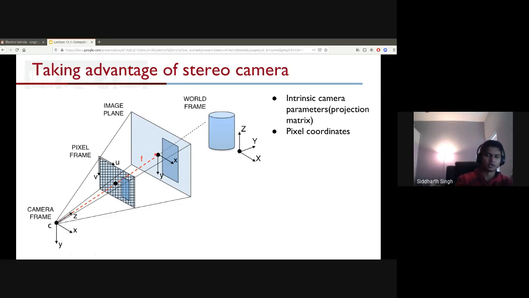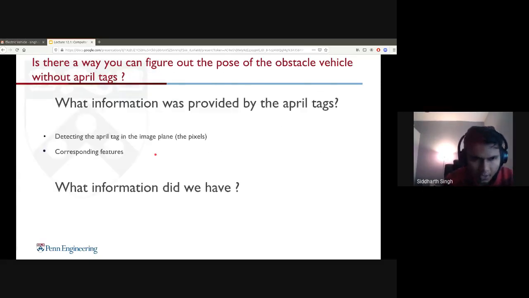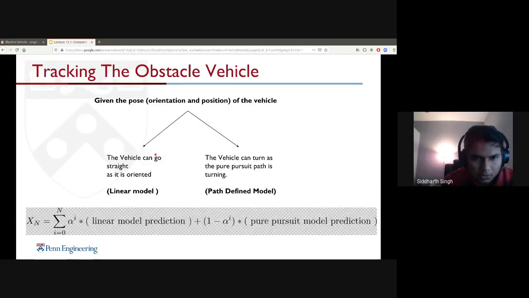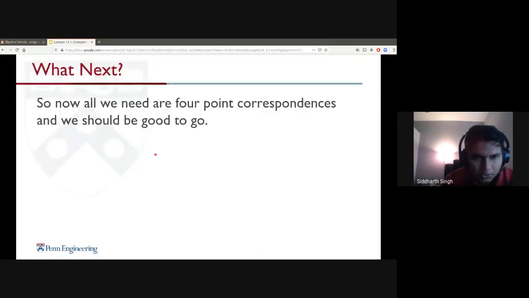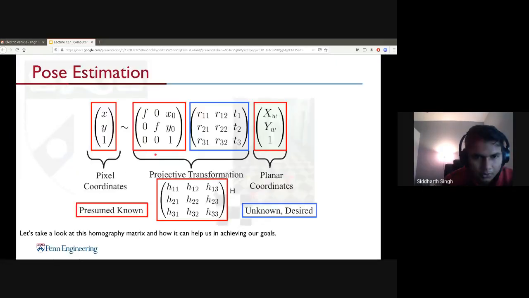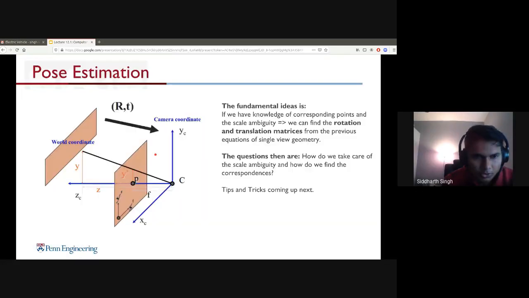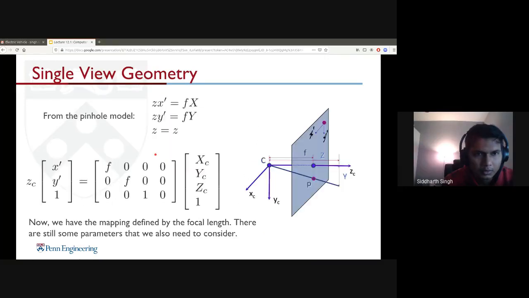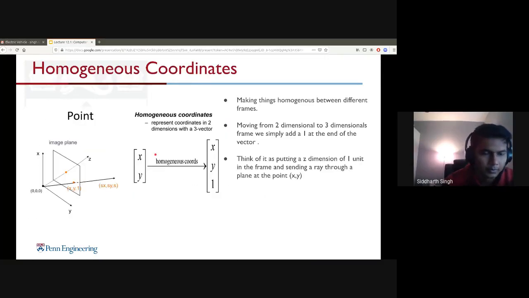But essentially, if I go way back, where was the homogeneous coordinate thing? Yeah, here. So here we said that the image plane was at a distance 1, right?